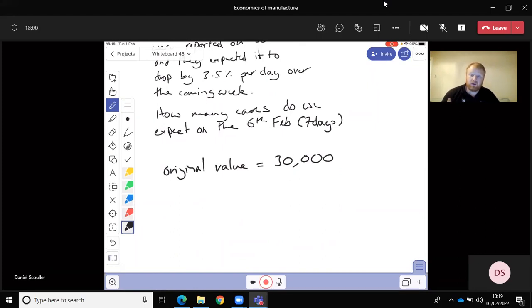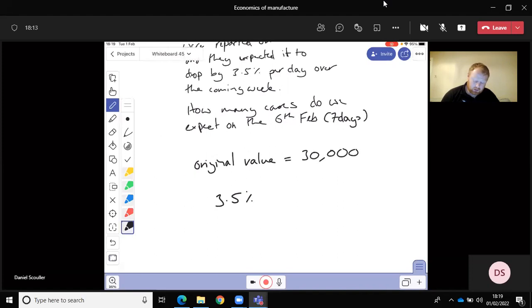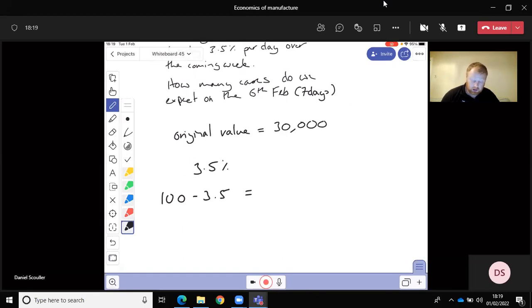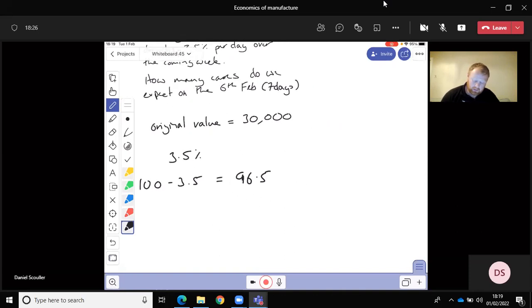So we want to find a multiplier. To find a multiplier, we're taking that 3.5% away from 100. We could do 100 minus 3.5, which would give us 96.5, and then take that figure and divide it by 100 to give us our multiplier.